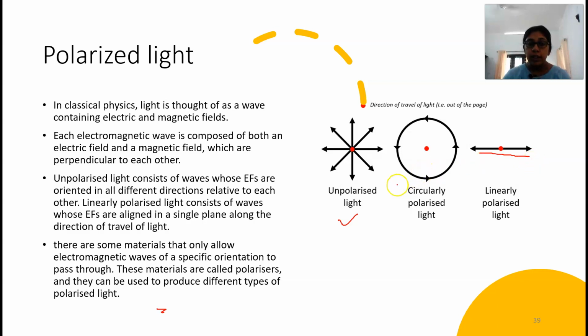There are some materials that allow electromagnetic waves of a specific orientation to pass through them. These materials are called polarizers. They allow the passage of light having its electromagnetic field aligned in a specific direction only.